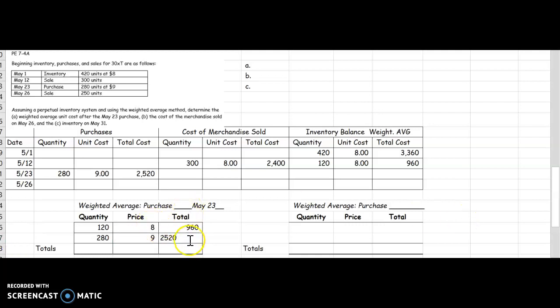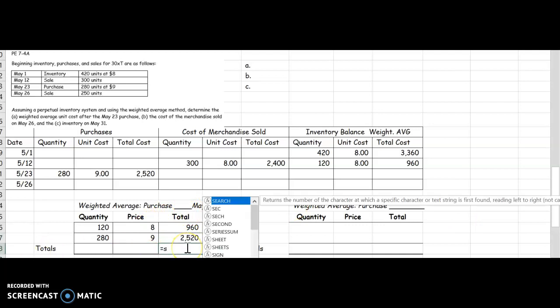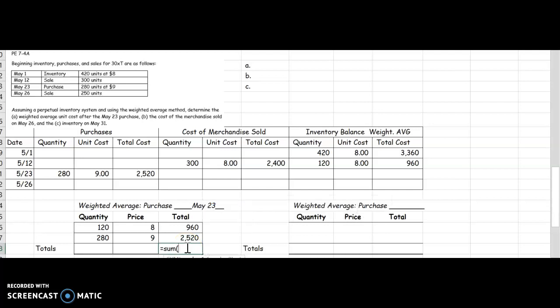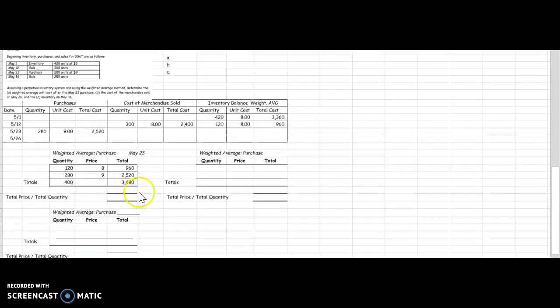To get a weighted average, it's total price divided by total quantity. So right now my total price is $3,480, and my total quantity is 400. So now we have to divide.